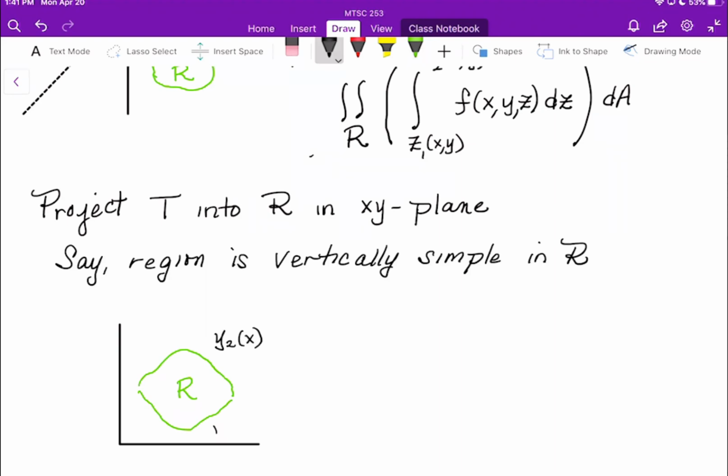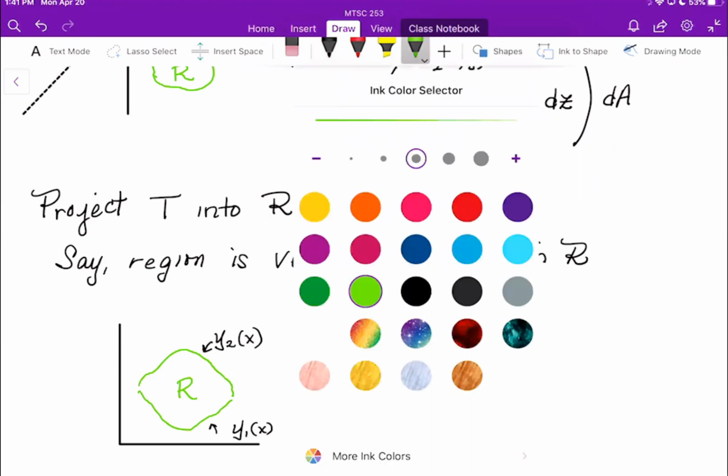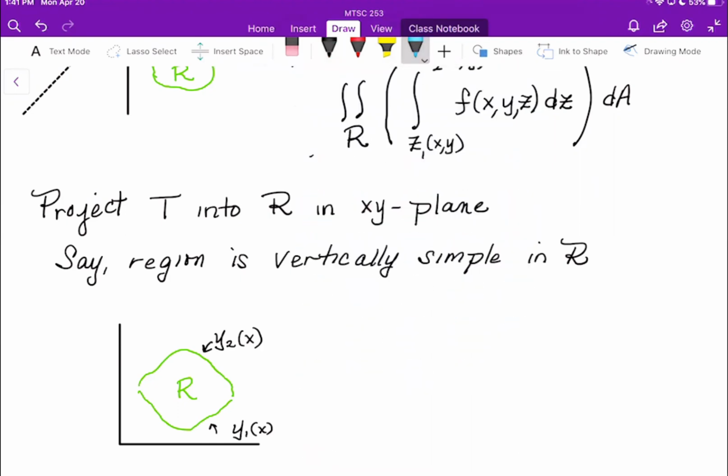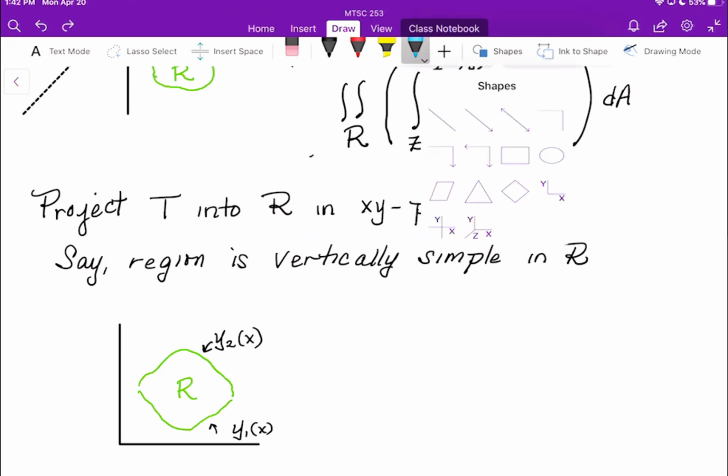And this down here is y1 of x. Then I know that if I fix an x, y is going to start at the bottom curve and go to the top curve.